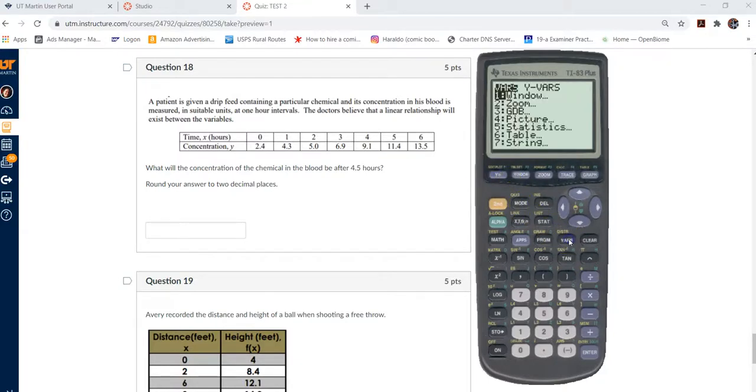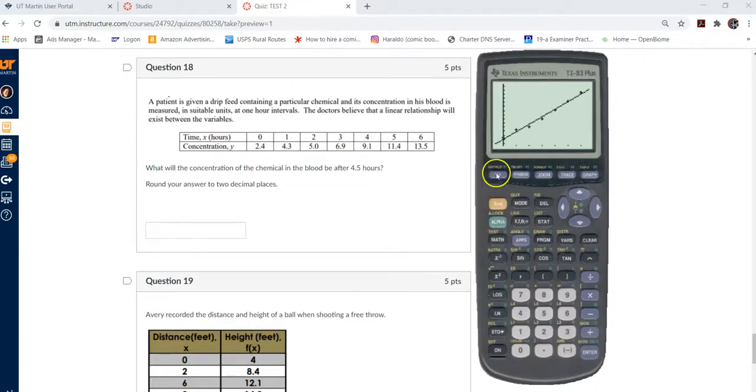I'm going to do vars. And that. And it appears there. And now I'm going to do second y equal. And I just want to have a look at the stat plot. I'm going to do zoom 9.